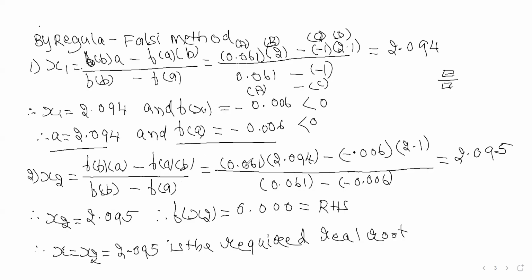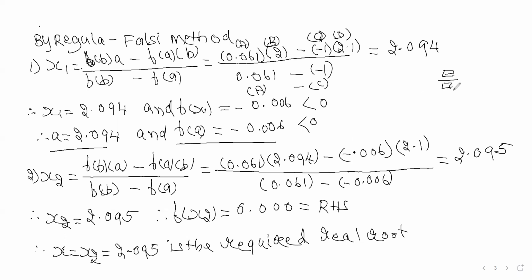Then look here, f of b is already 0.061. The new value of a is 2.094, and f of a has also changed to minus 0.006, and b is 2.1.